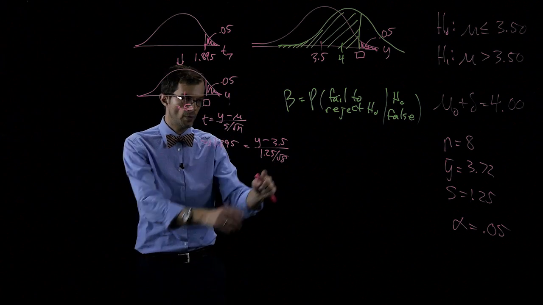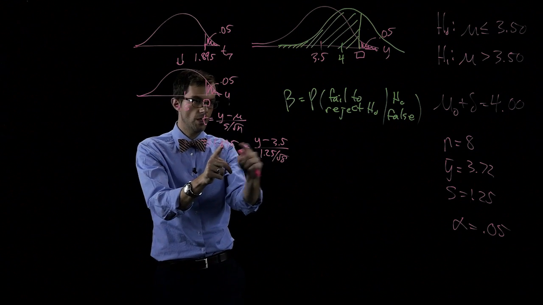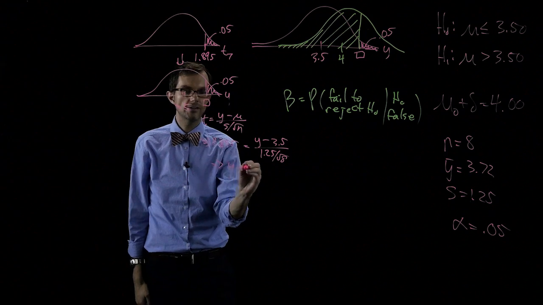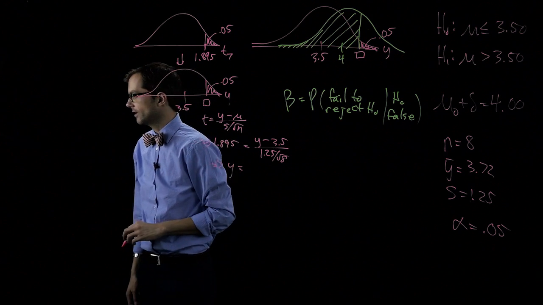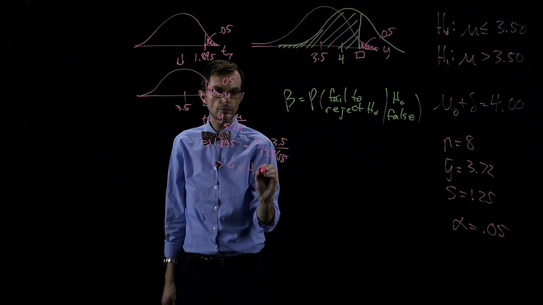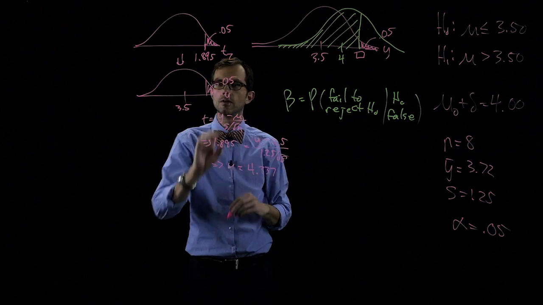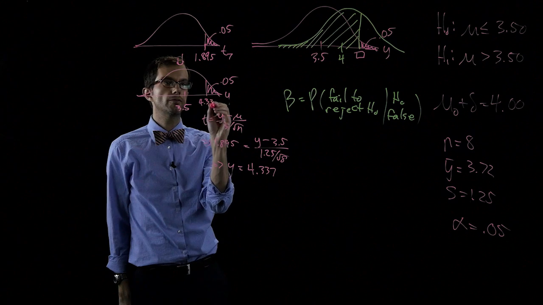So all we've got to do is multiply this over here, add that over there, and we can solve for y. As it turns out, this value of y is 4.337.